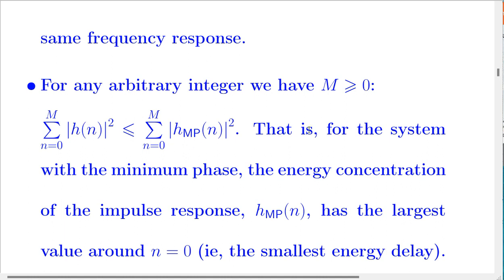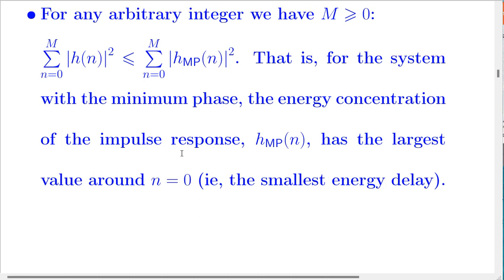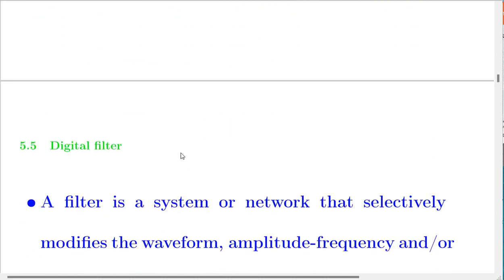Okay? That is, for the system with the minimum phase, the energy concentration of the impulse response has the largest value around n being equal to 0. Moreover, it means the smallest energy delay. That's the property of minimum phase.